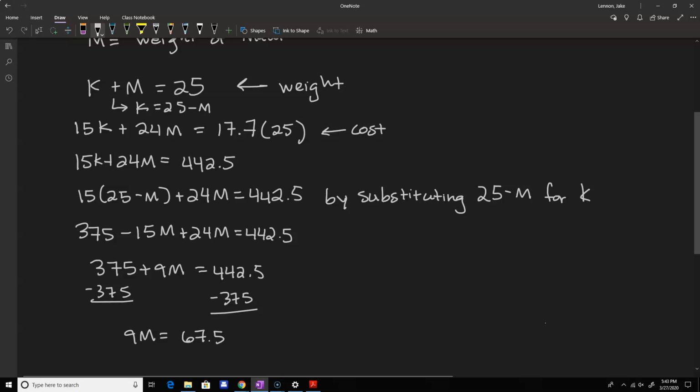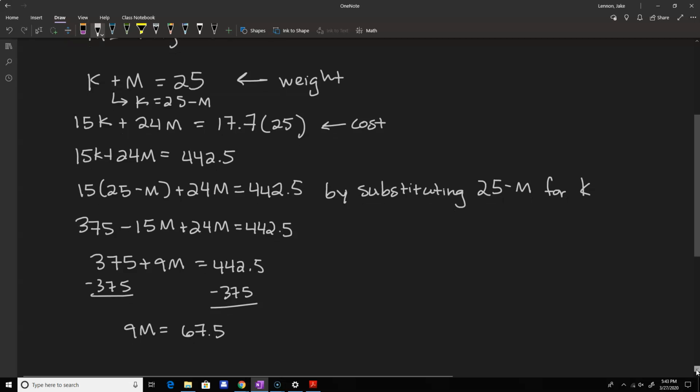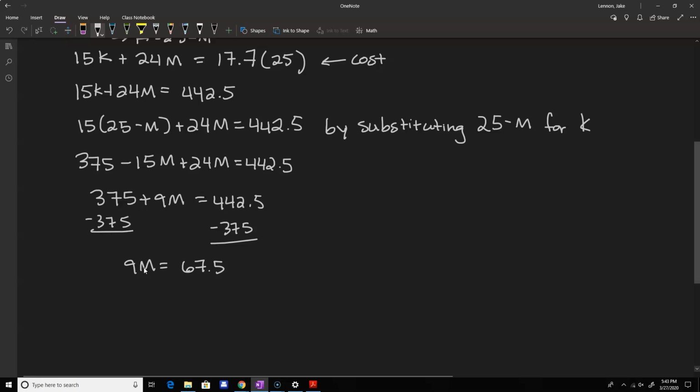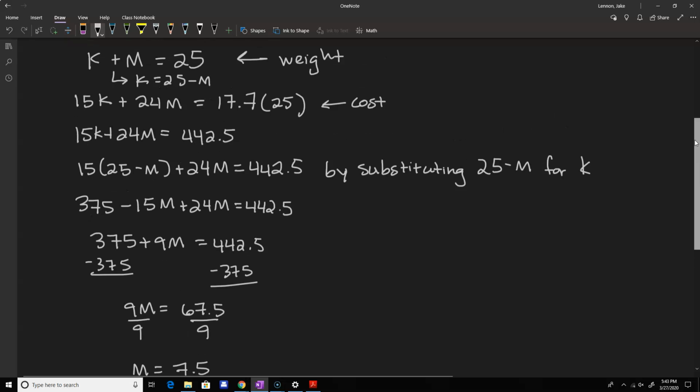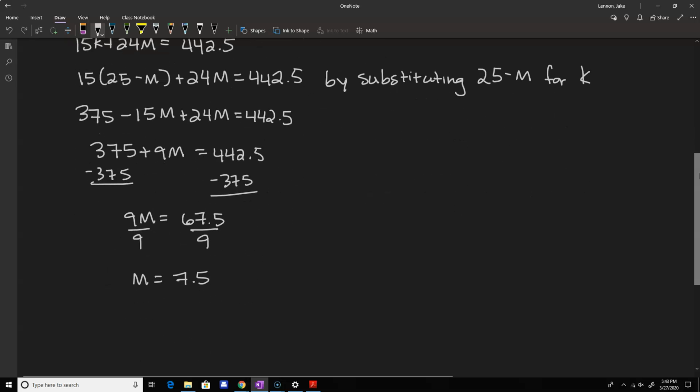And then we just want to divide by 9. So when you divide by 9, we end up with M is equal to 7.5. So how do we solve for K? Well, remember, if we go back up to the top, we have that K plus M equals 25.